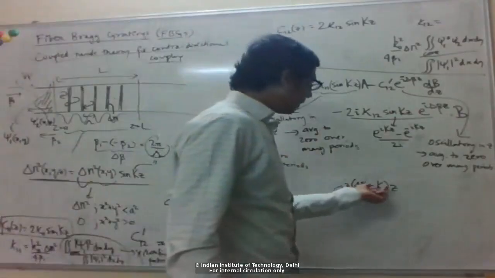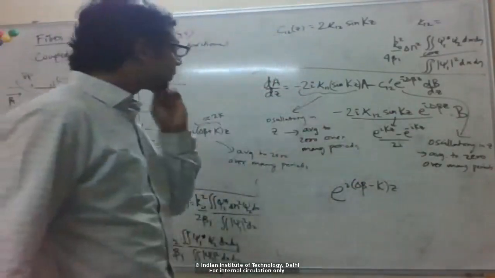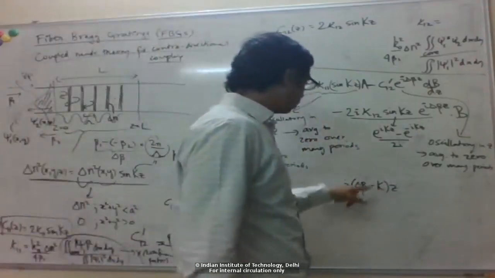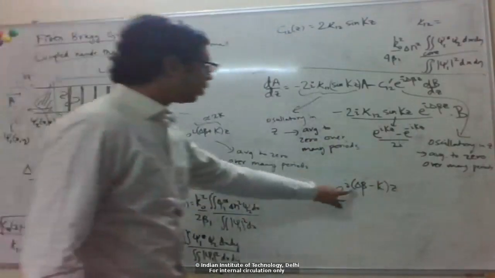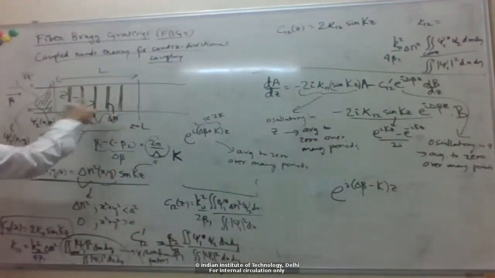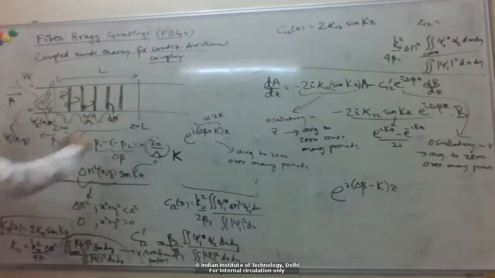Or we'll be looking at wavelengths close to the Bragg condition, where delta beta is not exactly equal to capital K, but close to it. So this term will be small. In other words, the period of oscillation of this term will be large compared to the period of the grating. So it won't vary too much over the length.